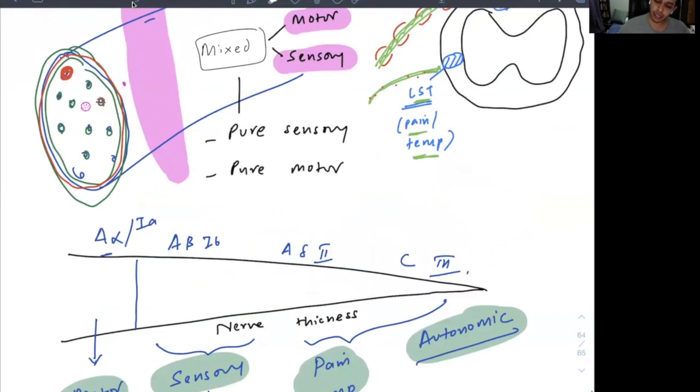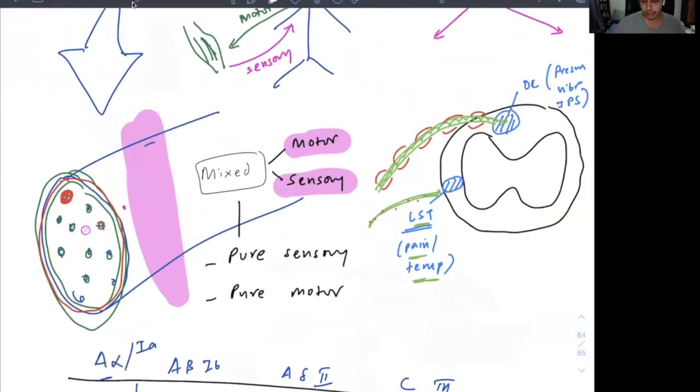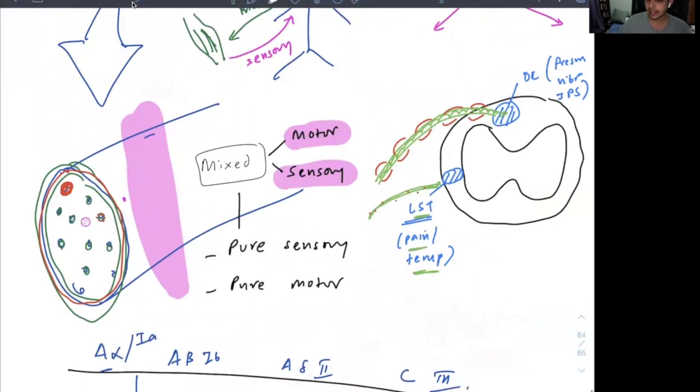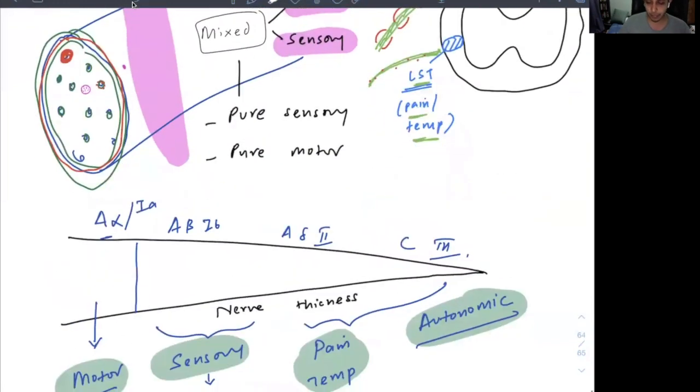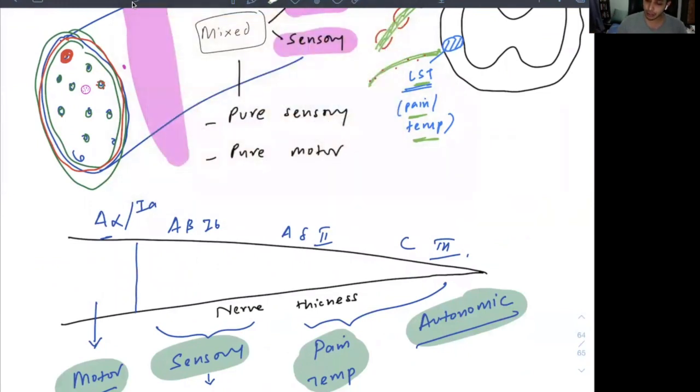So in a nerve fiber, usually all of these different types of fibers are there. So if it is a complete neuropathy, if there is a traumatic neuropathy, if it is a cut section of a neuropathy, if there's a nerve transection, then all of these fibers will go. But suppose there are certain diseases that affect only, say, your large fibers. So only your large fibers are affected.